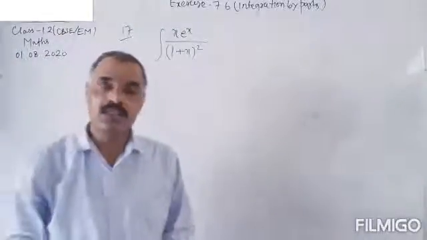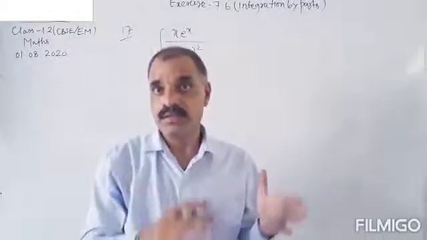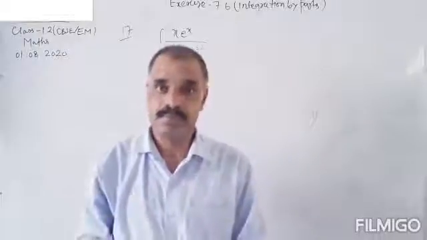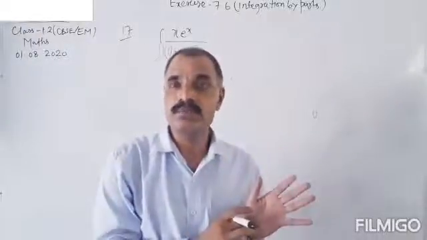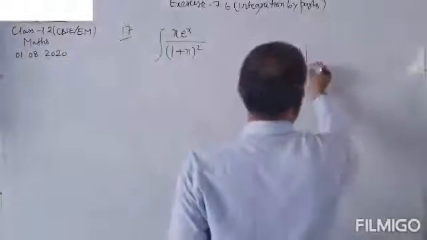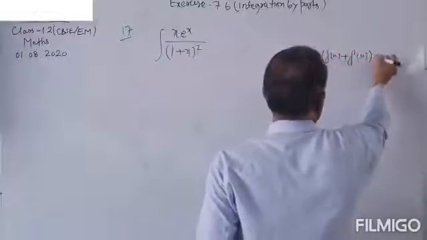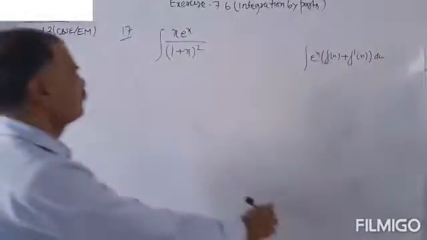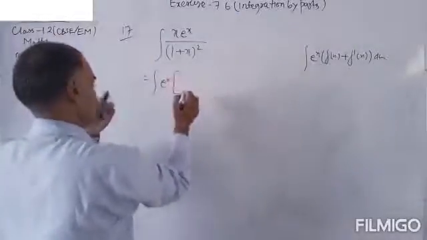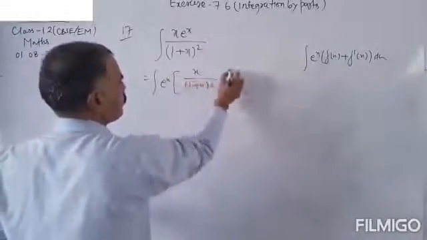This is not given in that form, meaning it is not given in the form e to the power x multiplied by function x plus function dash x. But we can convert this function into the e to the power x function x plus function dash x dx form. How? e to the power x is taken outside the bracket, x upon 1 plus x whole square.